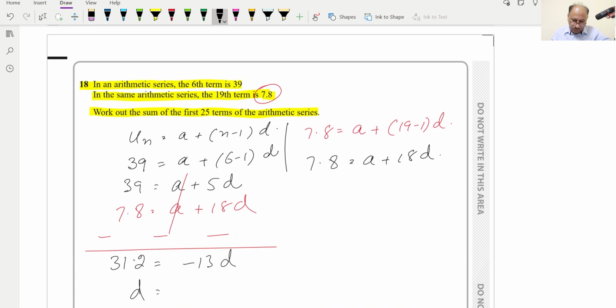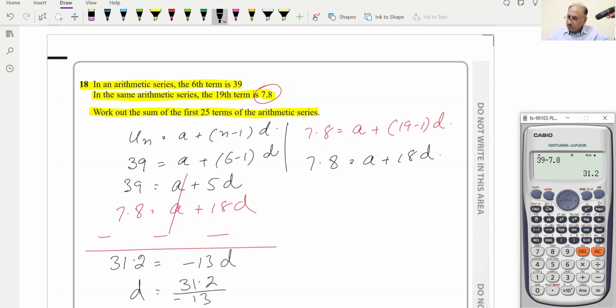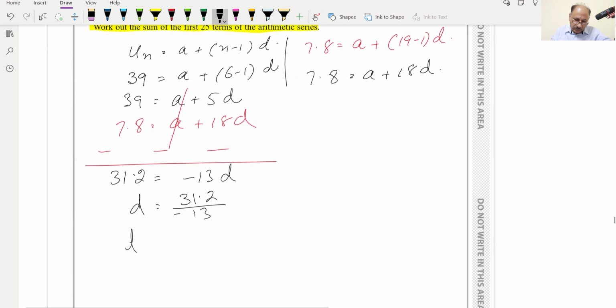So d will be equal to 31.2 divided by minus 13, which is minus 2.4. So this is our d value.